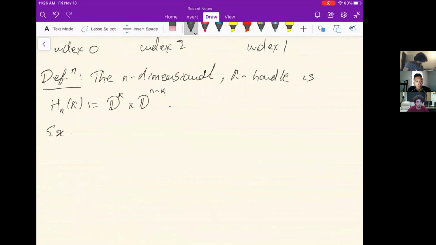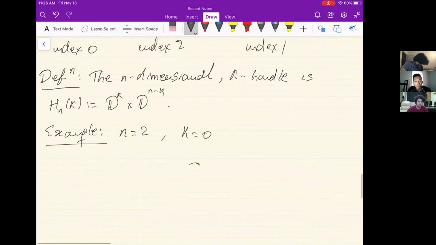cells. So let me just give you how handles look in dimension 2. A zero handle is actually just a disk with a mark or a point.